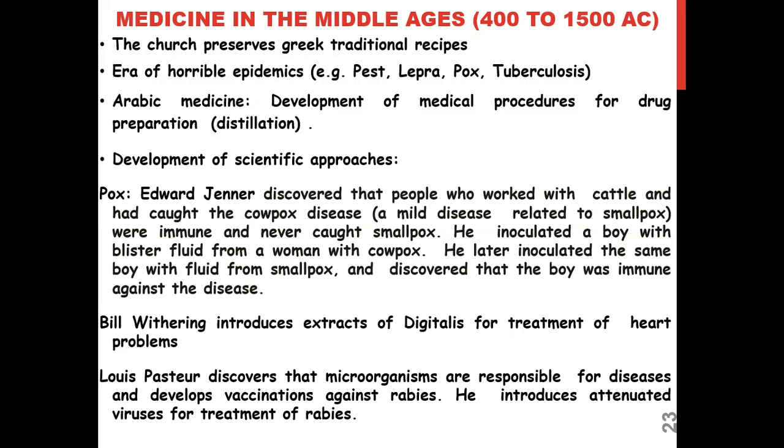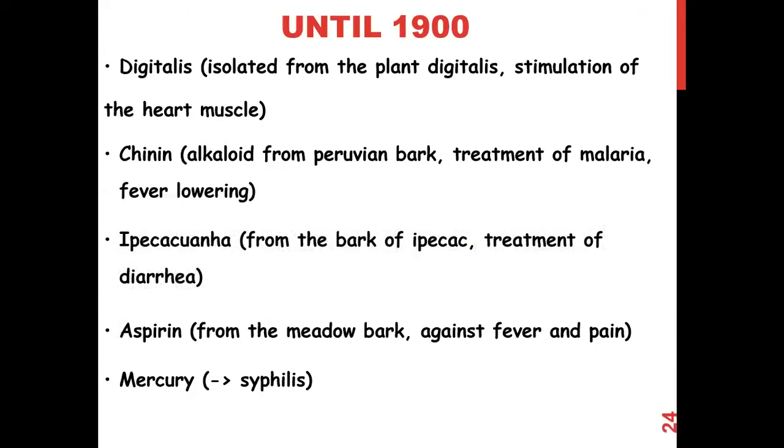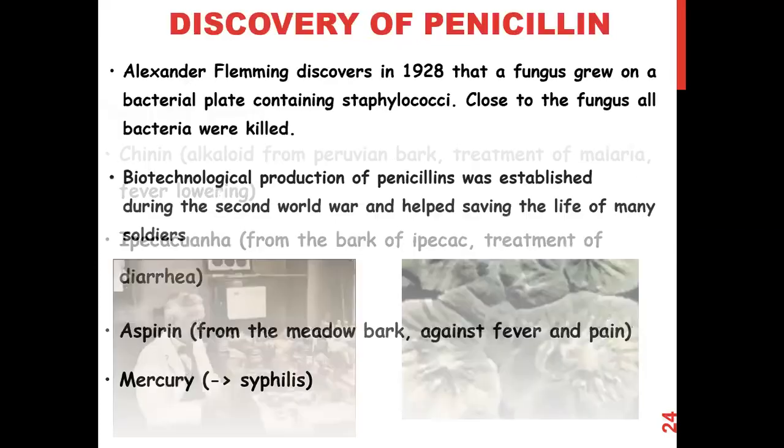Bill Withering introduced extracts of digitalis for treatment of heart problems, and Louis Pasteur discovered microorganisms which are responsible for diseases and developed vaccinations against rabies, and he introduced attenuated viruses for treatment of rabies. Digitalis, quinine, ipecacuanha, aspirin, and mercury are the agents which were used to treat several disorders.